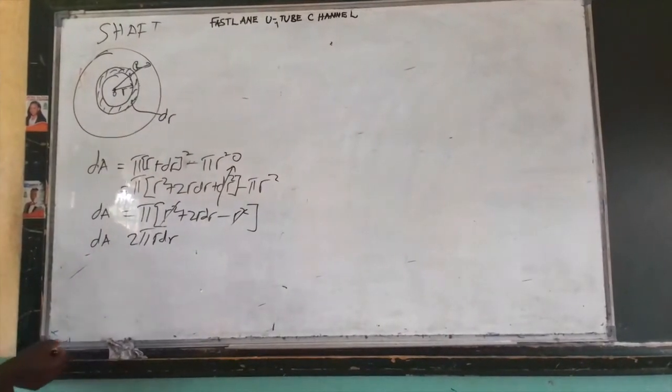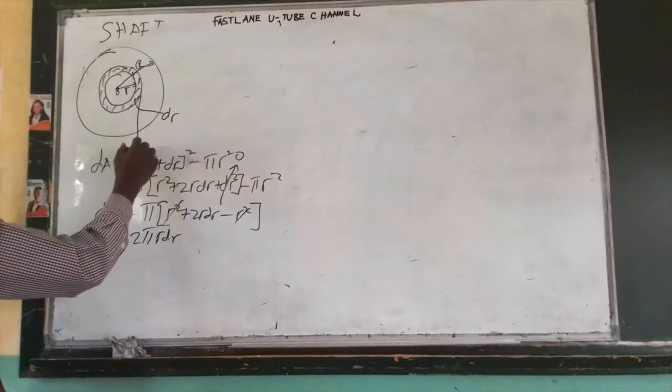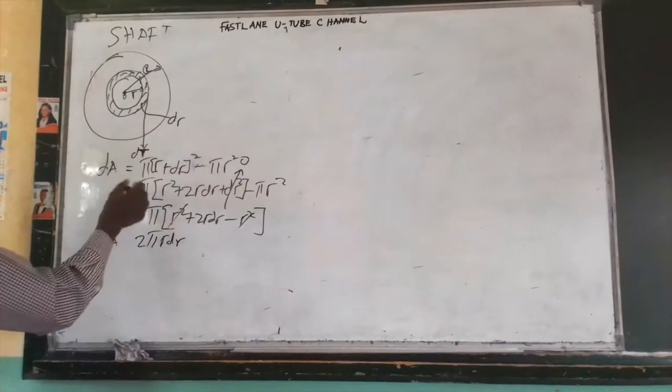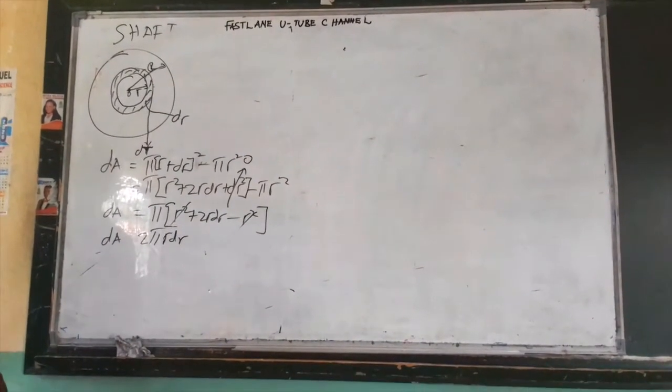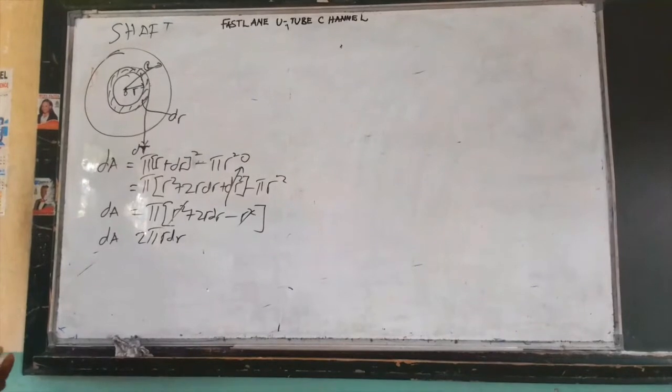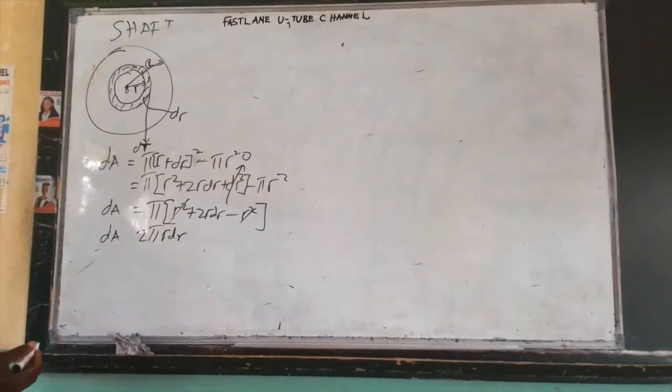Now remember, there is a tangential force dT that we are going to observe. We are getting the strength of the shaft, and it is measured as the power transmitted by the shaft.